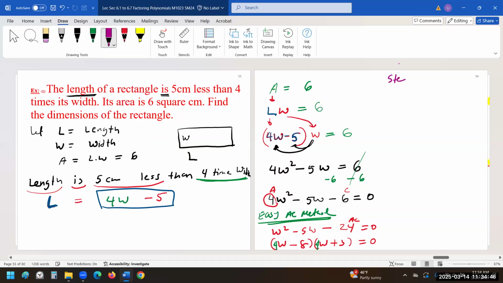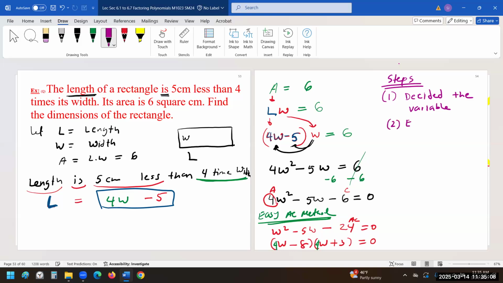In the first step, we decided the variable, like length is L, width is W. So you always have to decide what variable you want to use.